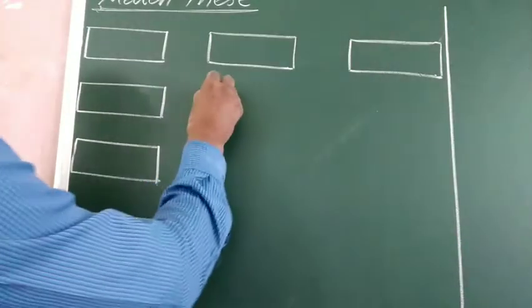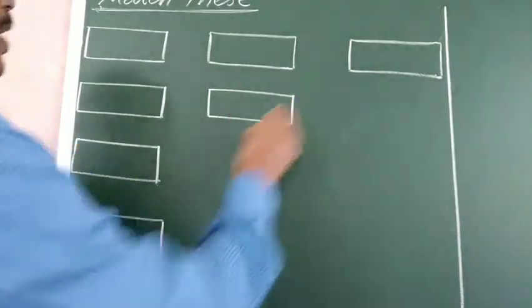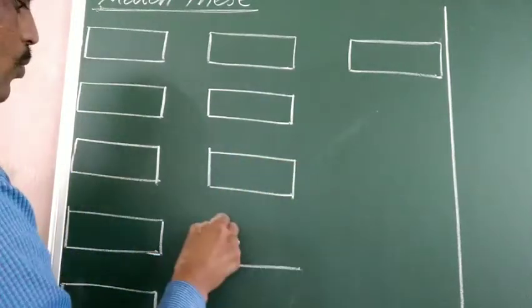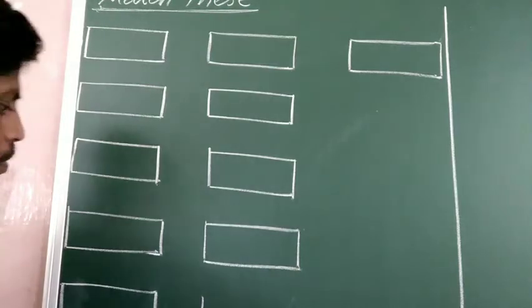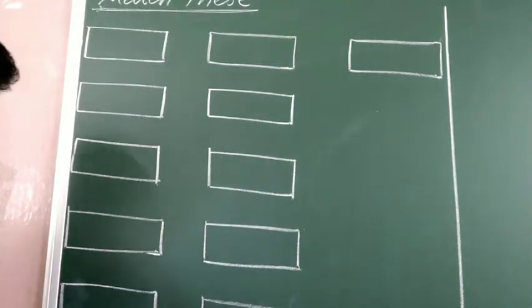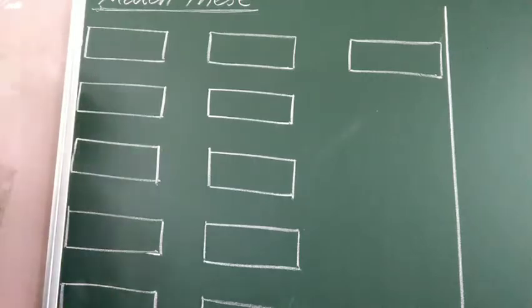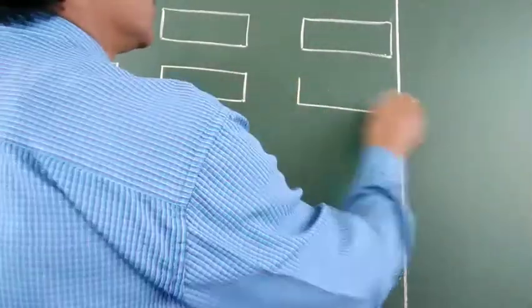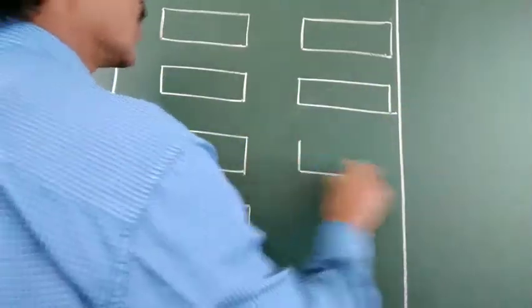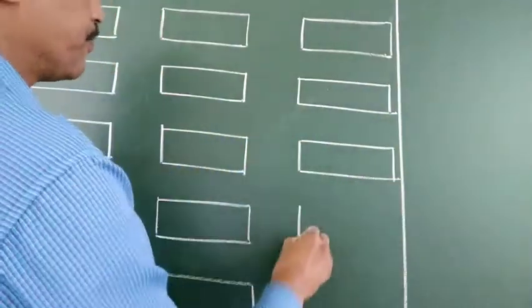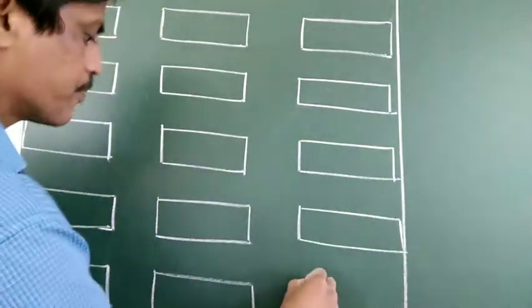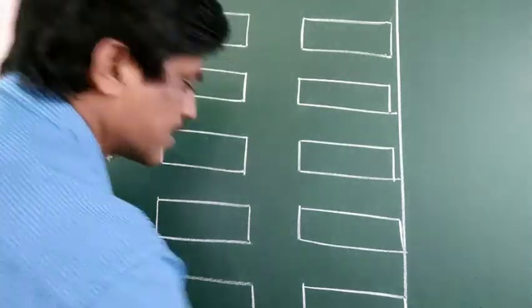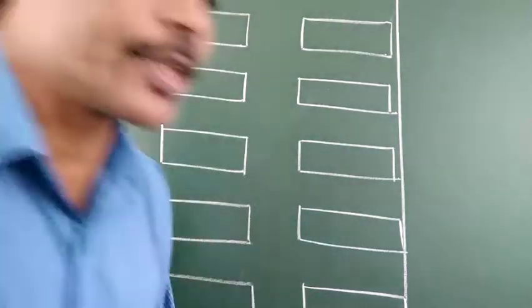Now see here again, 1, 2, 3, 4, 5, and this one is 6. And then here it is 1, 2, 3, 4, 5, and this one is 6. Now what information is given in these columns?